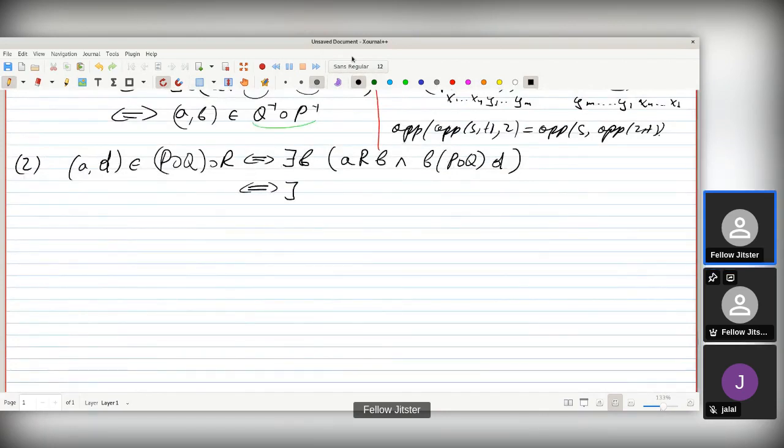Yes. Let us unfold this thing. That means that there exists some intermediate point C such that BQC, please notice that what is written last acts first. First by Q, then by P.